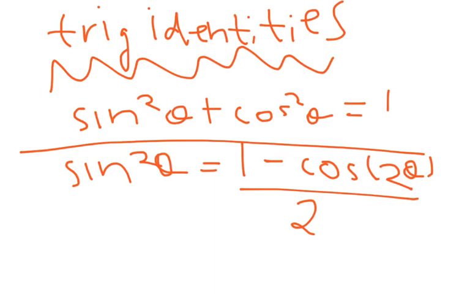Likewise, you can express cosine squared of theta in a similar way to sine squared of theta, except that if you want to express cosine squared of theta, you need to change the sign to a positive sign. Okay? So these are like half-angle identities.